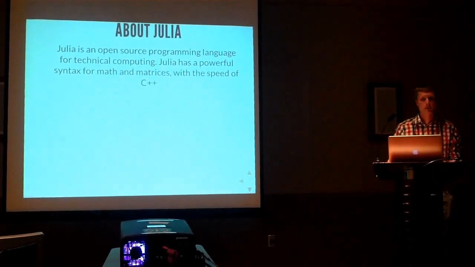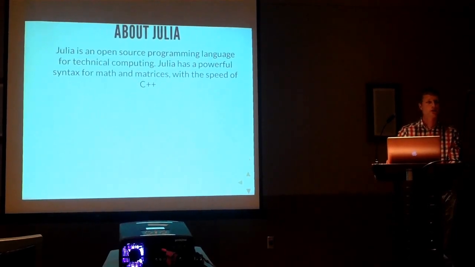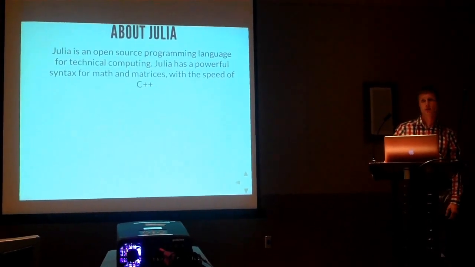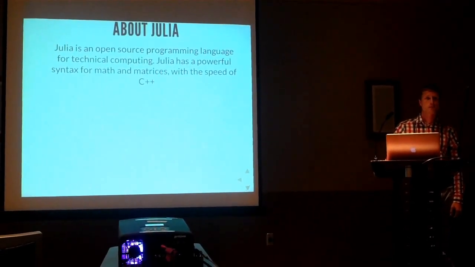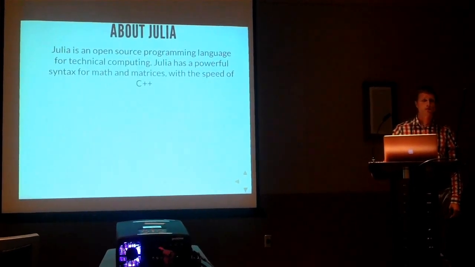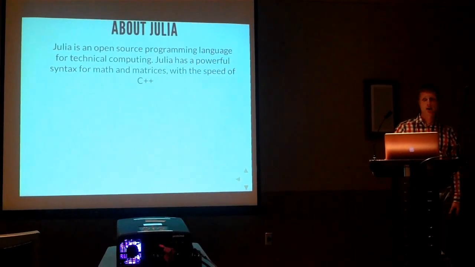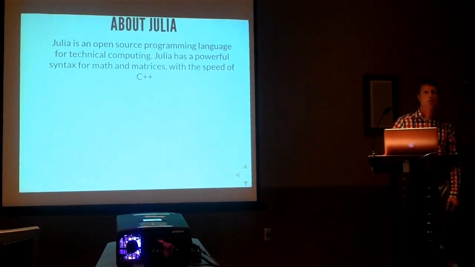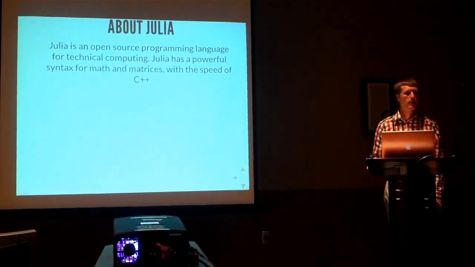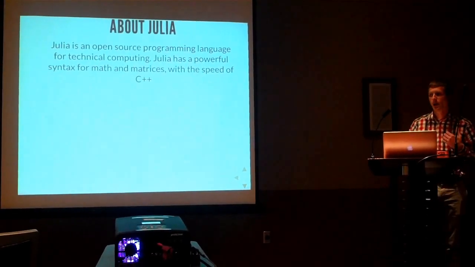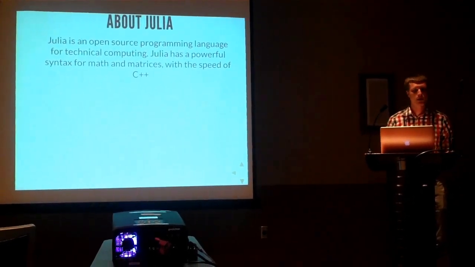So Julia, as we've told a lot of you, is an open source, high performance technical computing language. If you've ever worked with MATLAB, R, or scientific Python, you're going to feel right at home working with Julia. It's designed for similar applications, where you're basically doing general purpose mathematical programming.